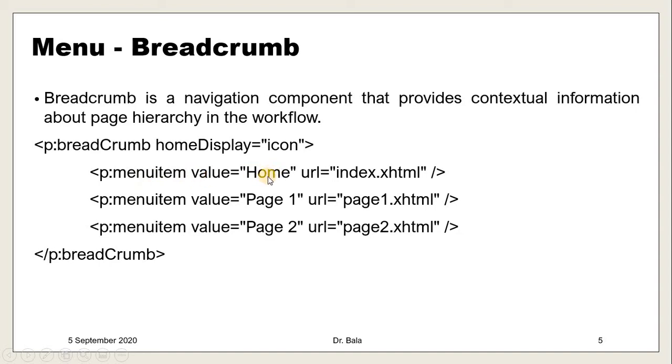So this home will be connected to the home page icon and whatever URL. And we have separated page 1 and page 2. Page 1 value is the display value, and the URL is the connecting page. If you want, we can also put an icon over here, for further use.